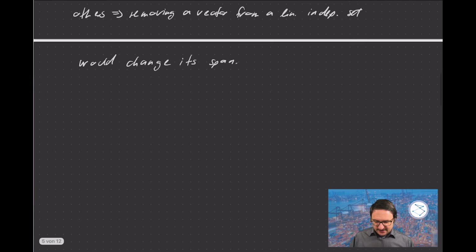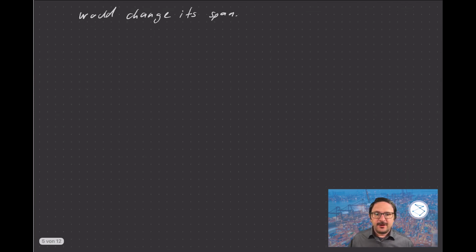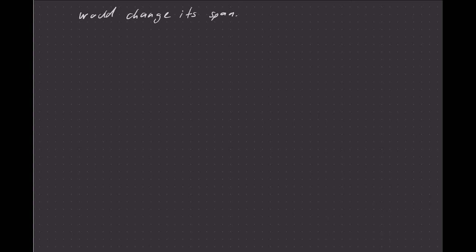So let's have a quick look at what this means for our theory of systems of linear equations. So let's say we have a system of linear equations in echelon form. What do we know about this?